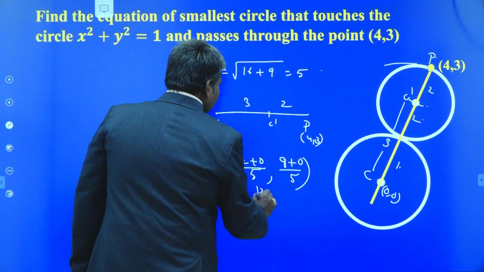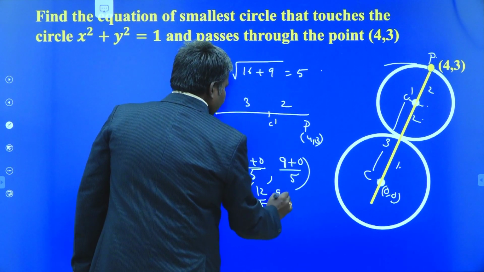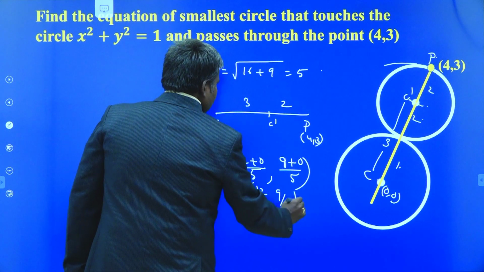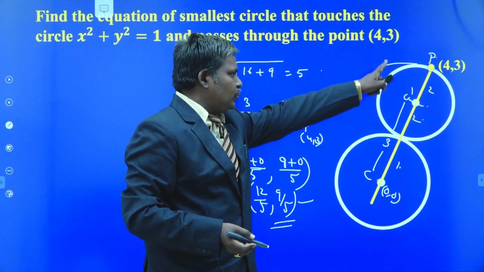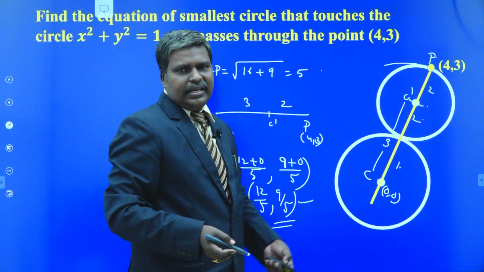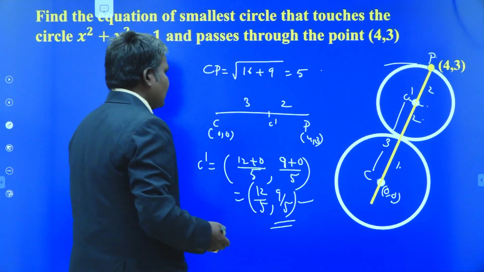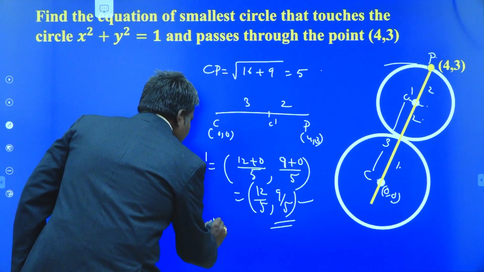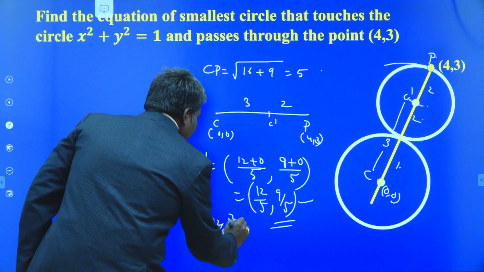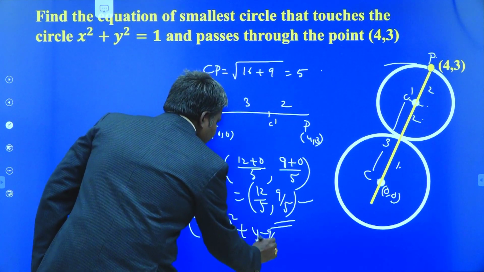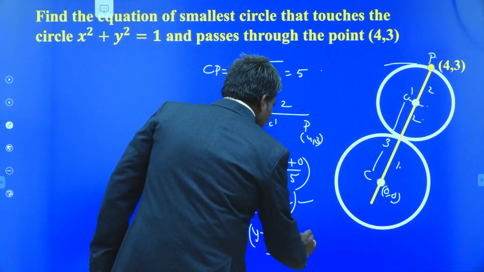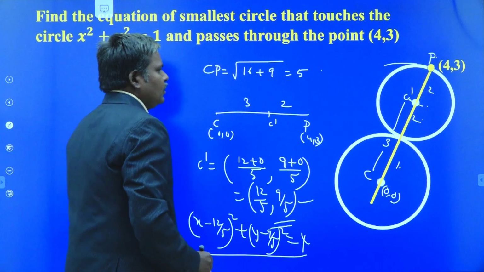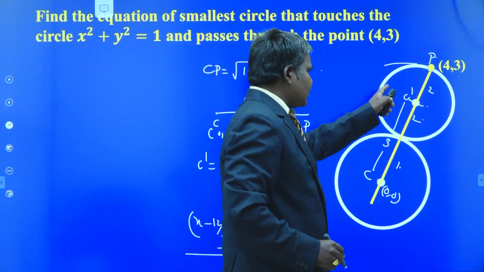This is nothing but (12/5, 9/5). So the center is obtained. The radius is already known to you, that is 2 units. You know the center and radius, so can I get the equation of the circle? That is x minus 12 by 5 whole square plus y minus 9 by 5 whole square is equal to r square. 2 square is nothing but 4. So this is the equation of the circle.